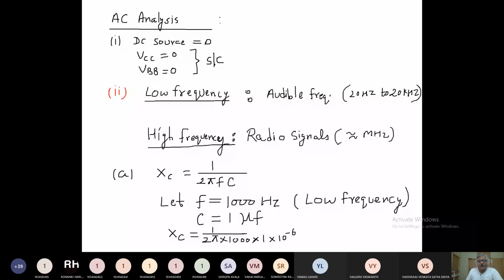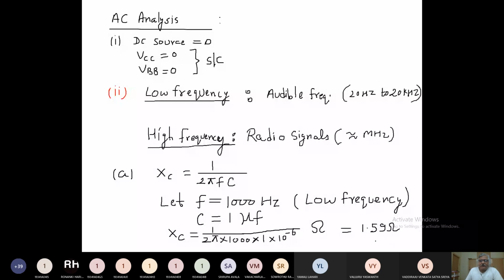If the frequency is in hertz and the capacitance value is in farad, you will get the capacitive reactance in ohm, right? I have already done the calculation for this, and we get a value of 1.59 ohm.